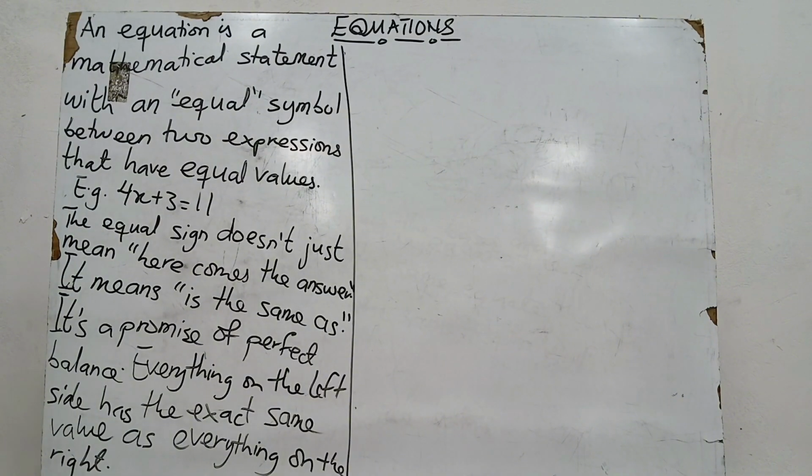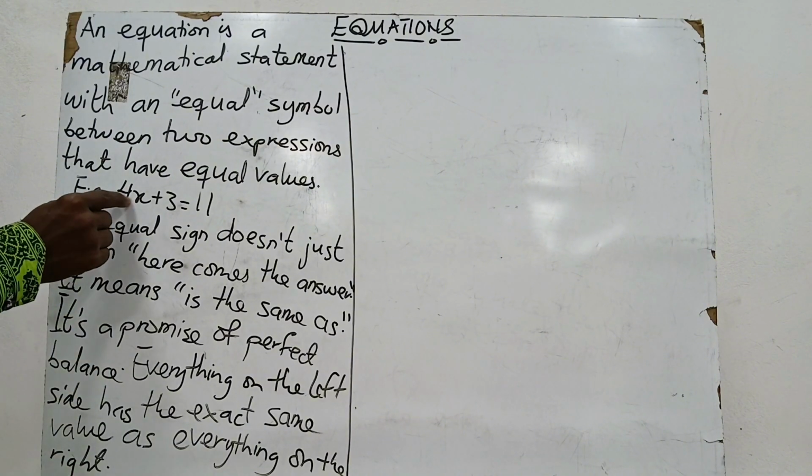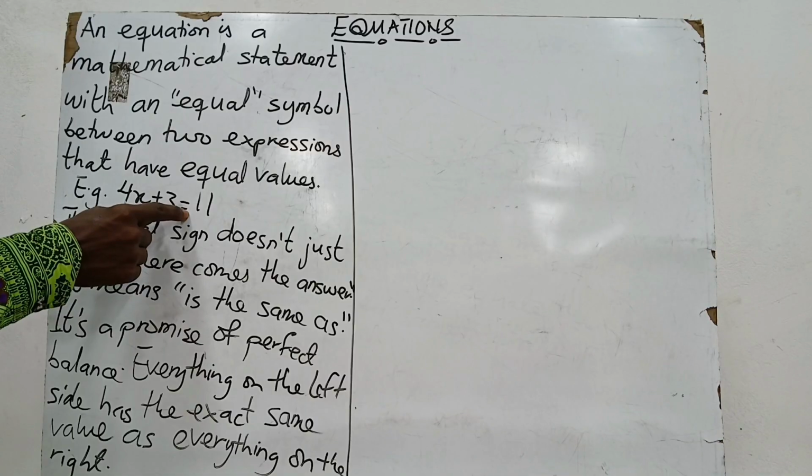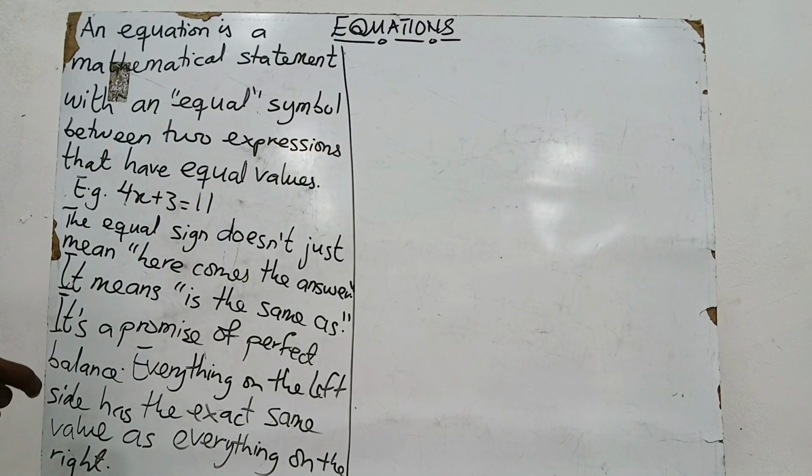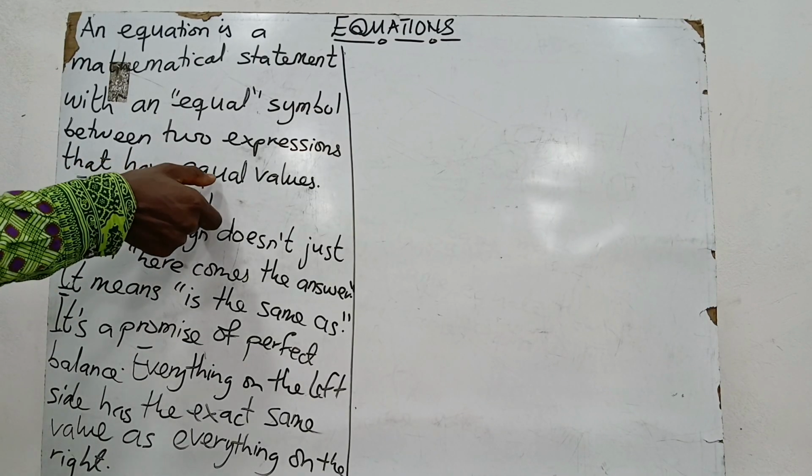What is an equation? An equation is a mathematical statement with an equal symbol between two expressions that have equal values. Example, 4x plus 3 is equal to what? 11. So this is a mathematical statement.